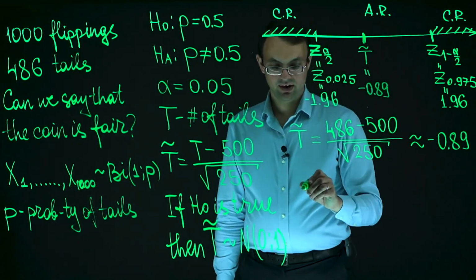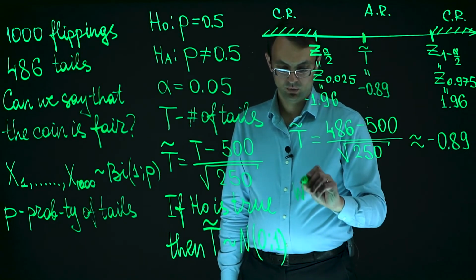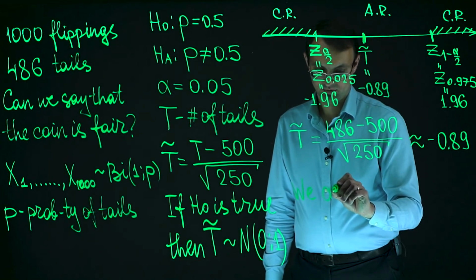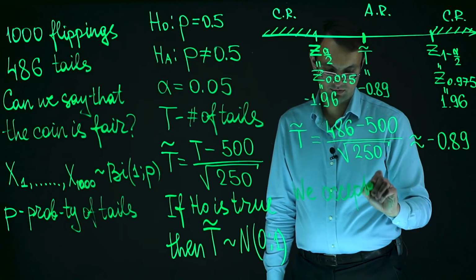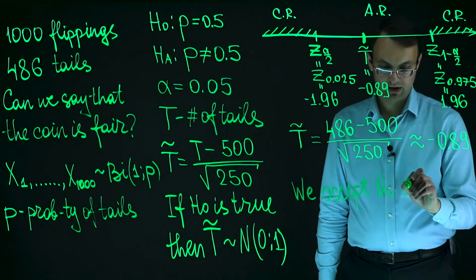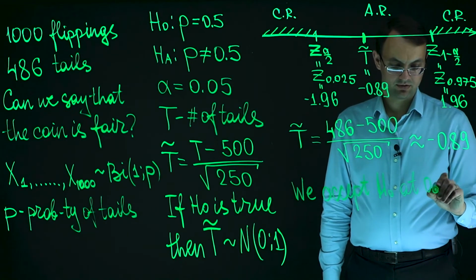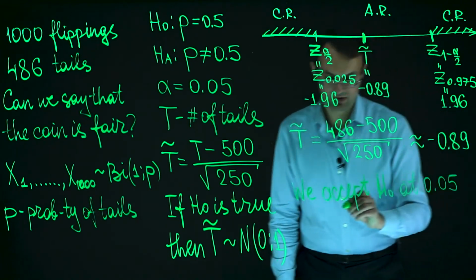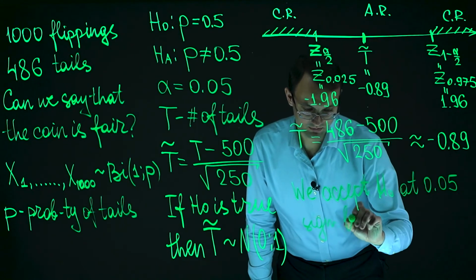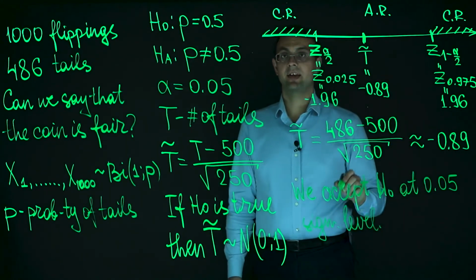So we can say that we accept H0 at 0.05 significance level. So this is the answer.